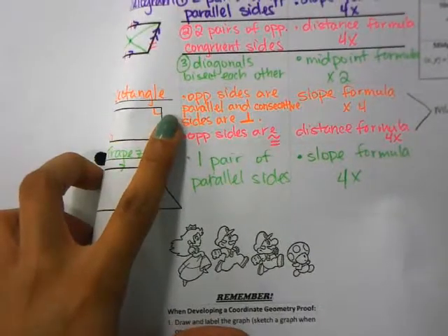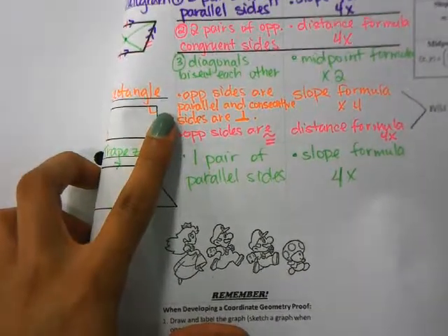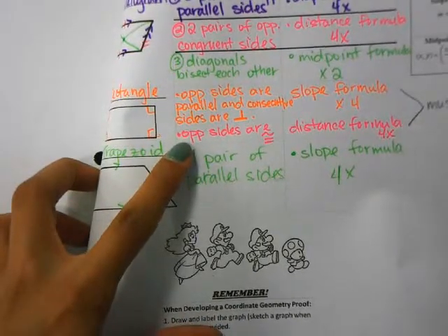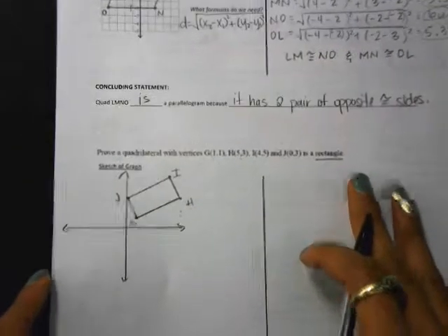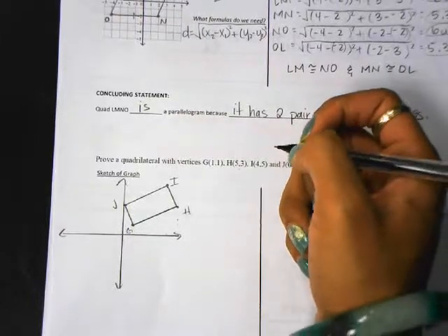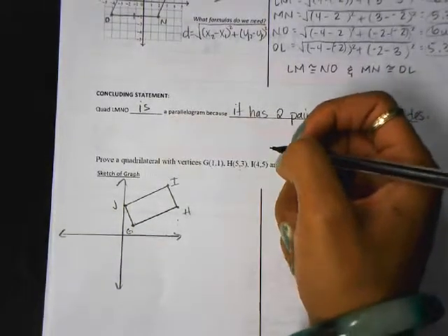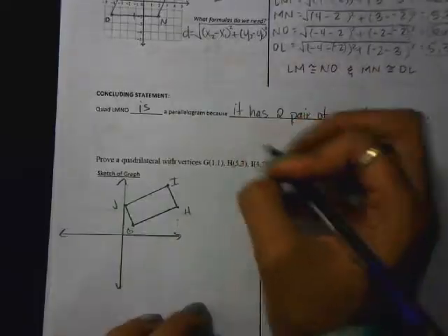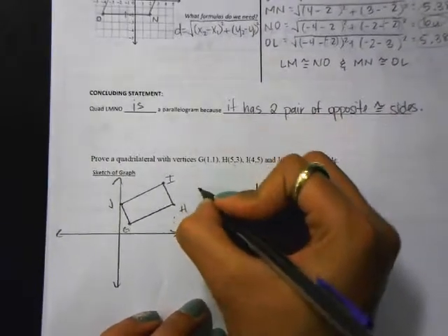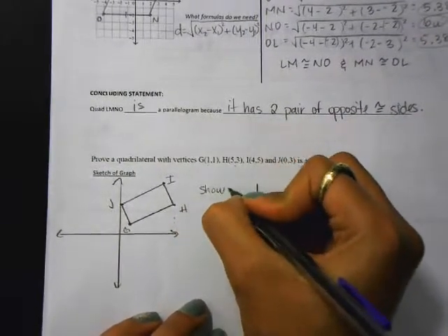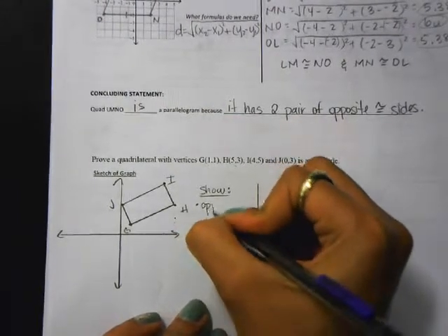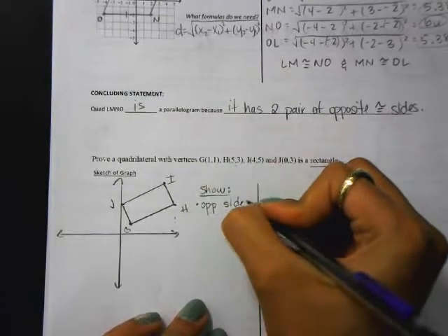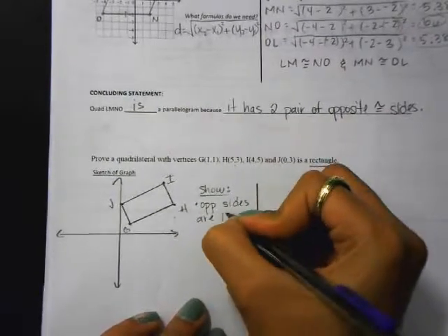I need to show 2 things. First, I need to show that opposite sides are parallel and consecutive sides are perpendicular. The second thing I need to show is that the opposite sides are congruent.